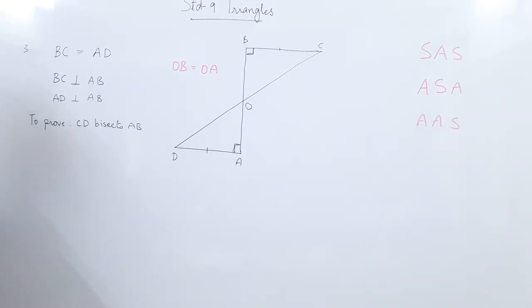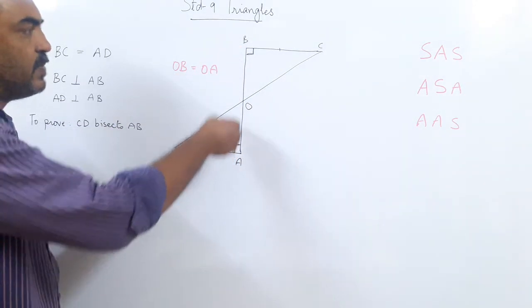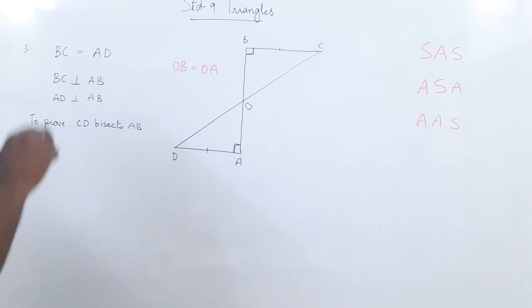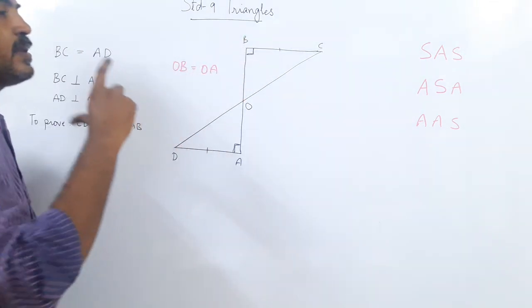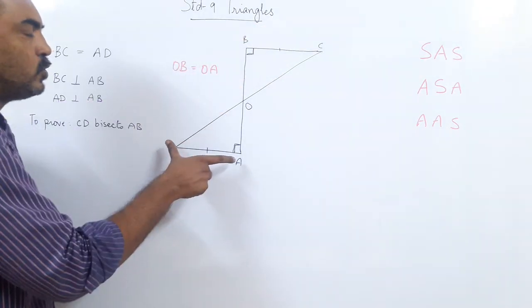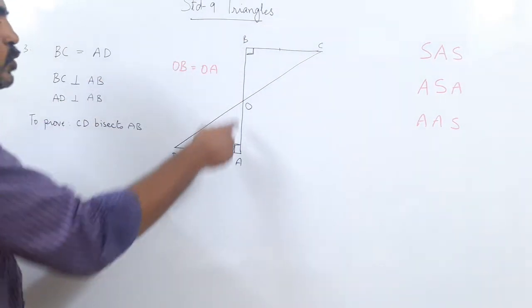So now they have not given us any triangles to prove congruent. They have not told us. Can you see? Again I repeat, now look at this sum. Here they have given a line segment AB, and then told BC and AD are equal perpendiculars. Means they are equal also and they both are perpendicular to AB.